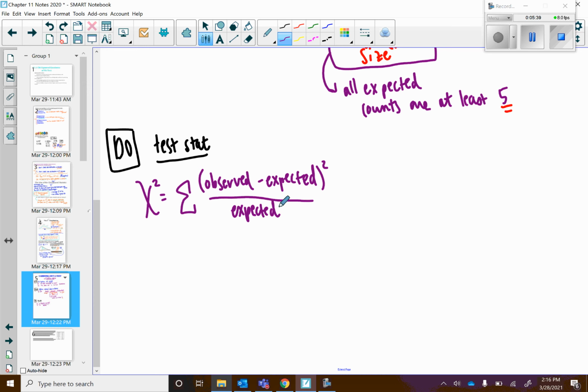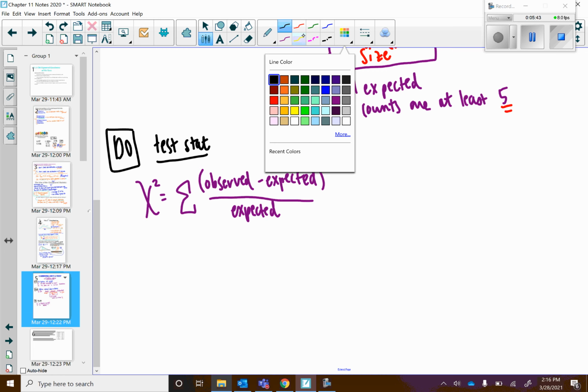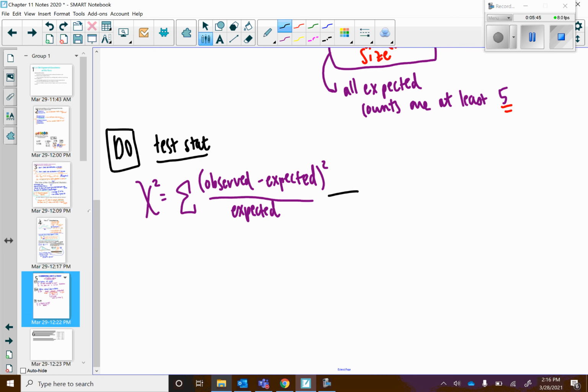And we calculate this chi-squared value, and then what do we do with it? Well, we take that and we find a p-value, or the probability that we would get this chi-squared value or more extreme. And our more extreme is always going to be greater than or equal to in our case.